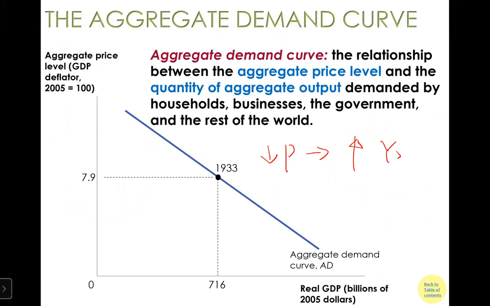We need to understand what is behind this inverse relationship, this downward slope of the aggregate demand, right? So I want to stop for a few minutes as we usually do, and then we continue our discussion.